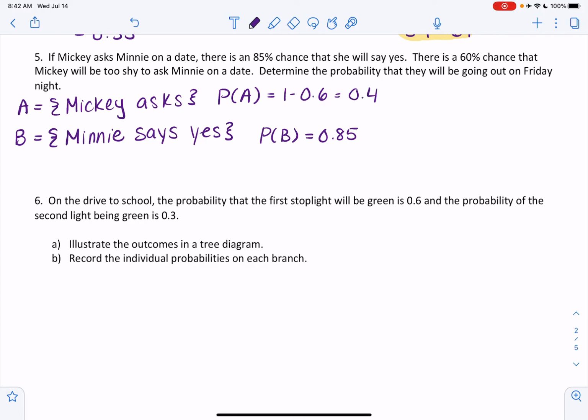Now, we can treat these like independent events as long as we ensure that we have the right probabilities going in. So we figured out our probabilities. So our probability of A and B happening will be 0.4 multiplied by 0.85, which is 0.34.